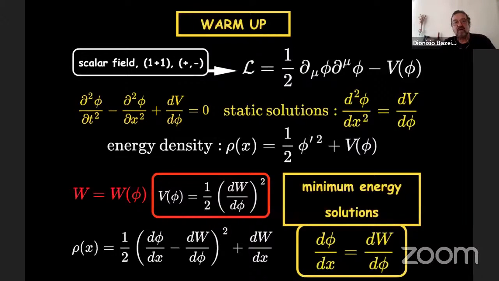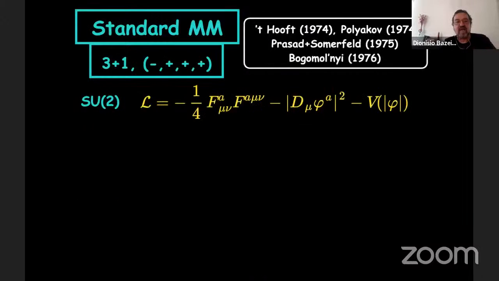Okay. Now, if I go to the magnetic monopole problem, my model is a little bit more complicated. Say I have a non-abelian SU(2) symmetry. So I have a gauge field with index a equal to 1, 2, 3 for the internal degrees of freedom.